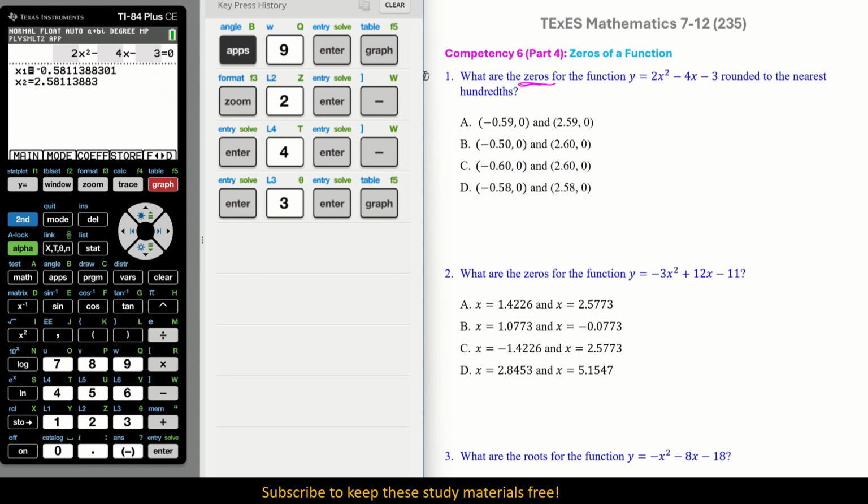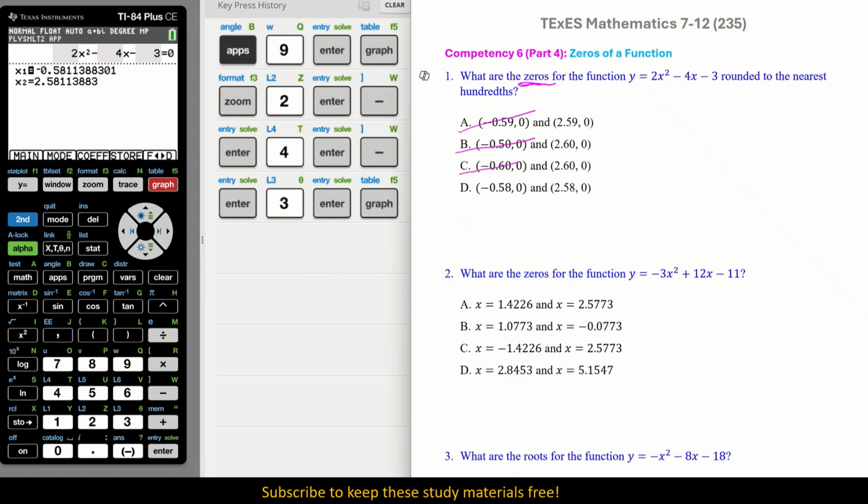And that gives us two nice solid values for x. We need to do a little rounding. For the first one, we have negative 0.58. That's where we would round. So A would not be valid.